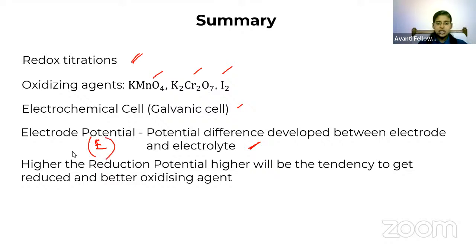And then the last point is, if the reduction potential is higher, then it is a strong oxidizing agent. If the reduction potential is lower, if it is negative, then it is a strong reducing agent. So this is all about today and about this lesson.